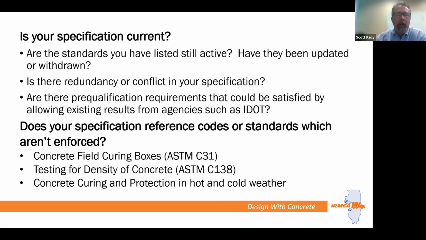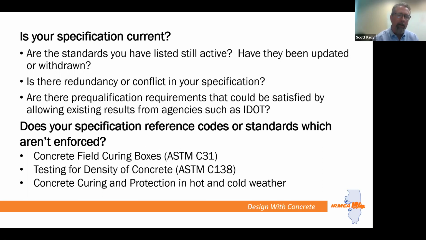Some other things that we see are redundancies within a specification, pre-qualification requirements that could be satisfied by allowing existing results from agencies such as IDOT. A big example there is ASR. IDOT has really done a lot of testing on aggregates for ASR, both ASTM C1260 and ASTM C1293.